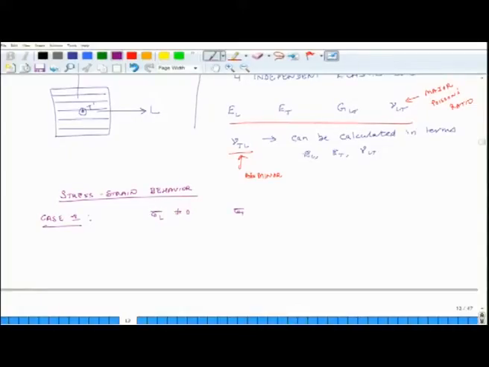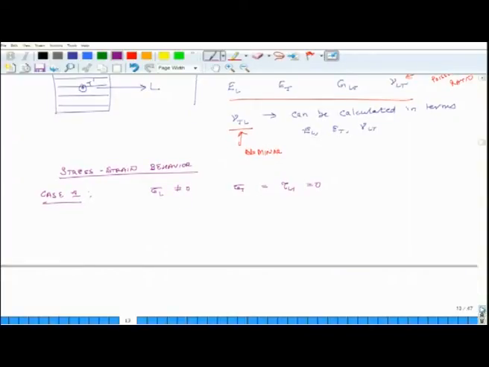So, if sigma L is not 0, but sigma T equals tau LT equals 0, then what will happen? This system will generate strains. In that case, epsilon L is what? Sigma L divided by EL. This is how we have defined EL.